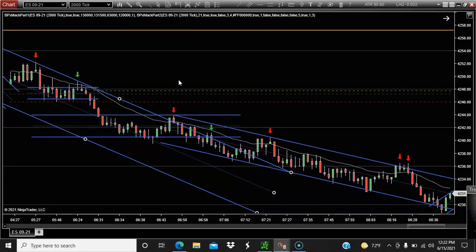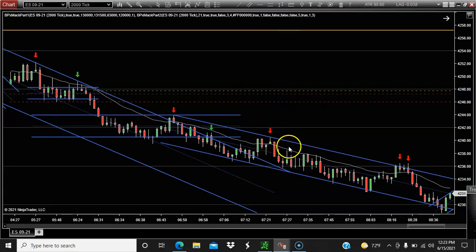And it's back at the EMA. We are still consistently making lower lows and lower highs. So this is a lower high compared to this swing. This is the lowest point of the day so far. So I do like that, especially since it looks like 4 ticks. Yeah, I'm going to take that for sure.